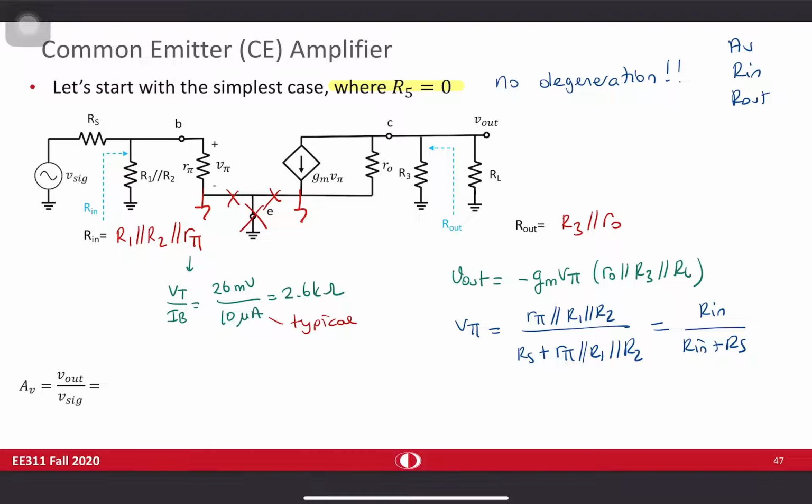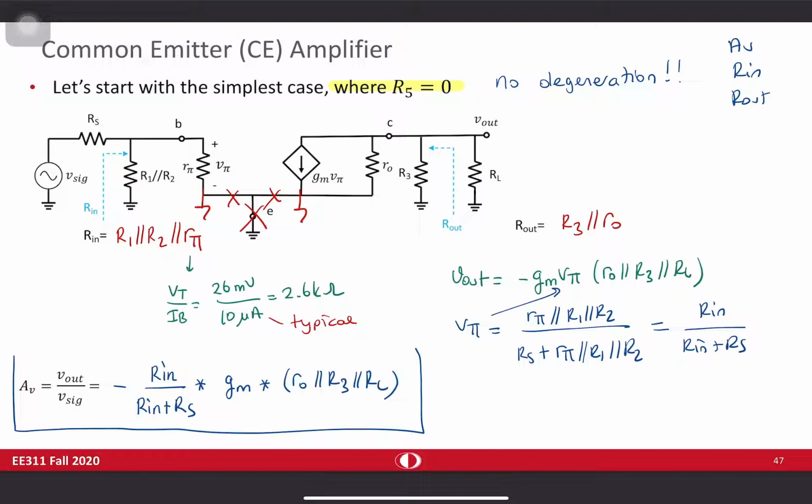So if you put this term in here, the final result will be minus Rin divided by Rin plus Rs times Gm times R0, R3, RL. So this is the overall gain of a common emitter amplifier.